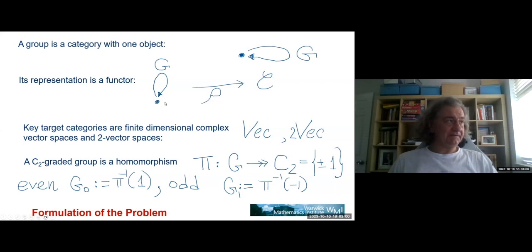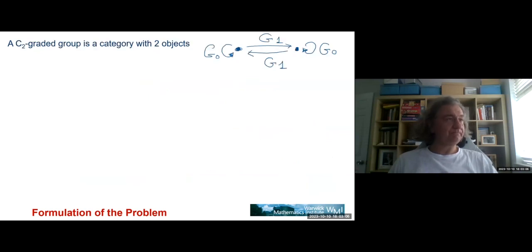But the key difference is you want to think of a C2 graded group as a category with two objects. So it's a category with two objects like this. Even elements are homomorphisms from an object to itself. Odd elements are homomorphisms between objects.